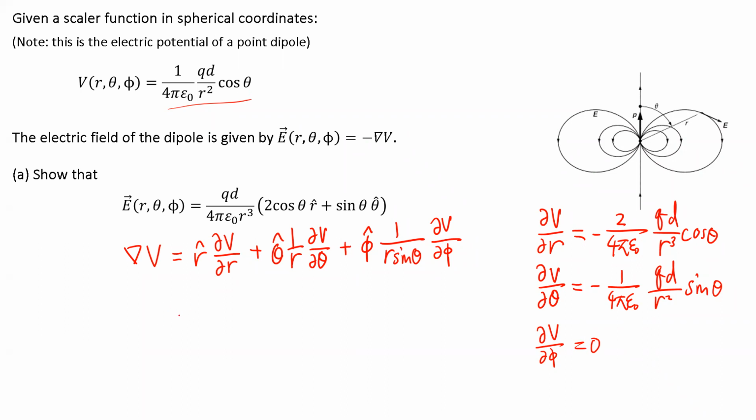So that's why the gradient of V is given by this. I have already skipped one step and taken out the common factor.